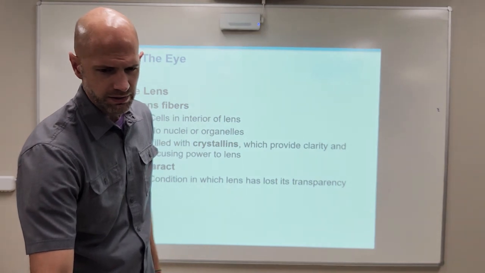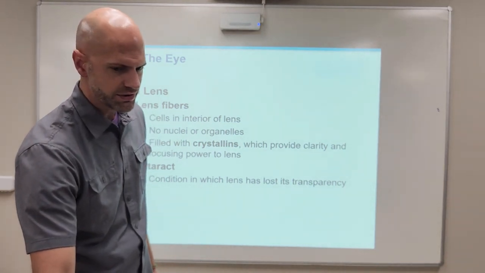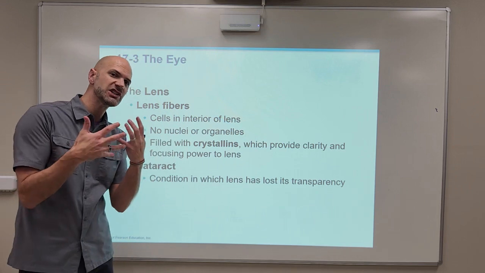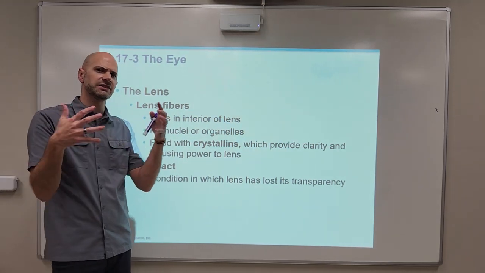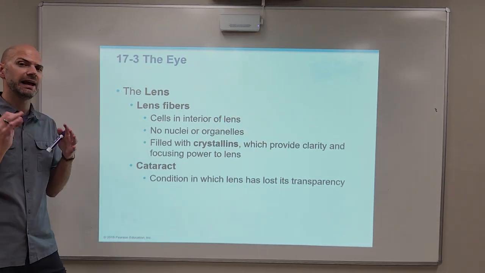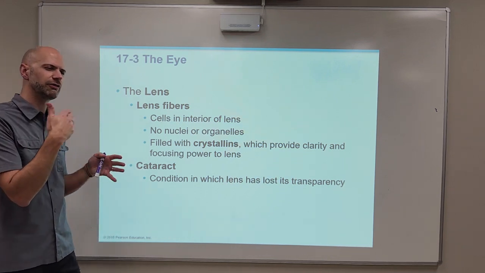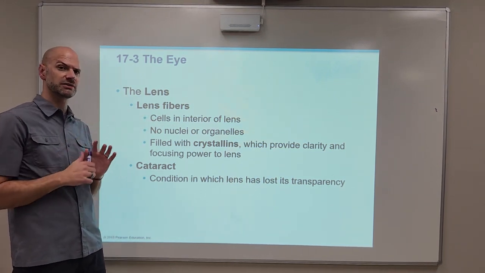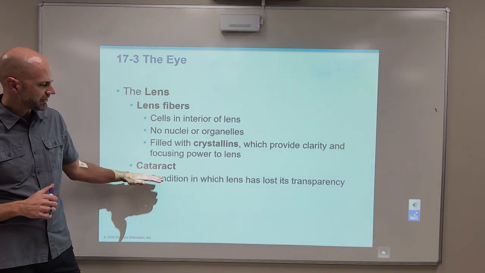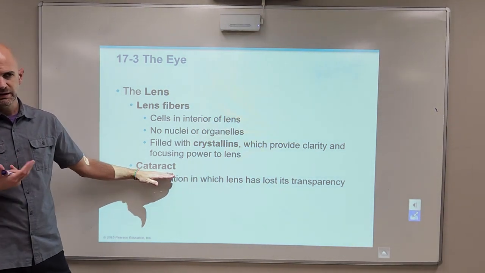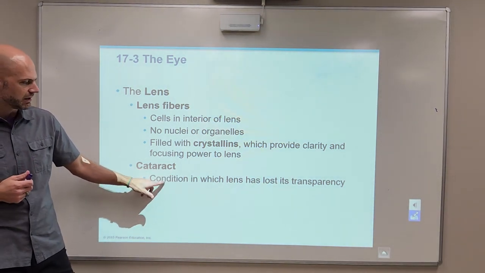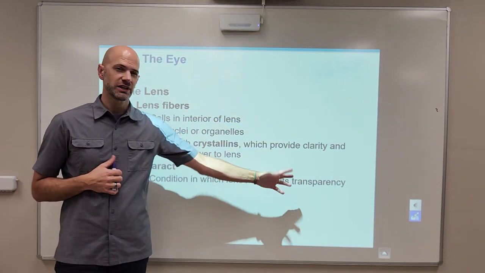All right. The lens and the lens fibers: there is an arrangement of collagen fibers inside the lens that are flexible, elastic, and optically clear that allow for light to bend in just the right way. A cataract is a condition, a disease where the lens has lost its transparency.